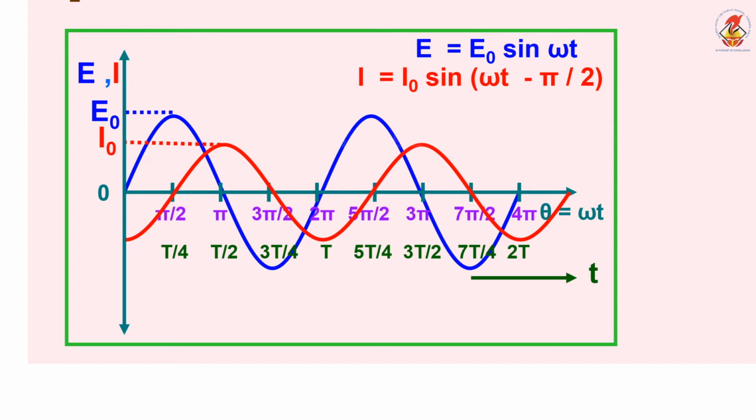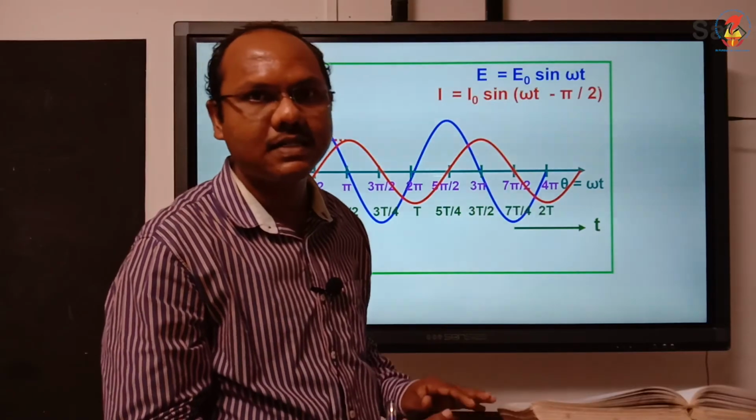So first you have to draw the EMF as the sine wave, which is represented by the blue, and then you have to represent the current. Current is I0 sine omega t minus pi by 2. That means when EMF starts from 0, the current should start from a negative value. And when EMF reaches maximum, the current is 0. So the current graph always goes behind the EMF graph. That is why we say the current is lagging.